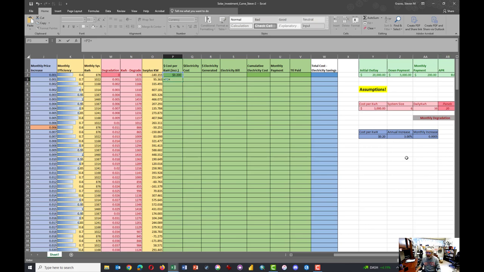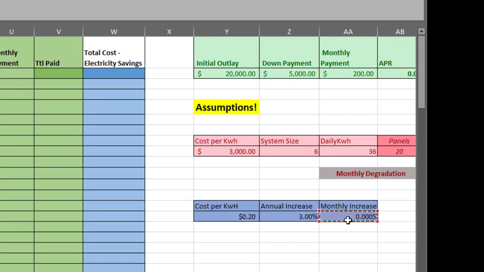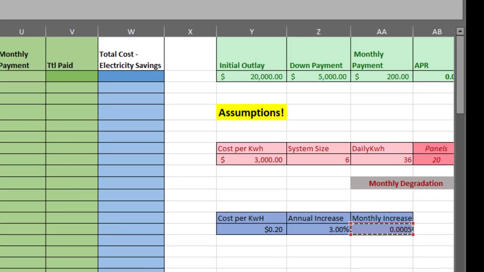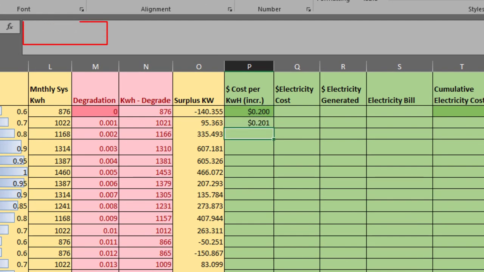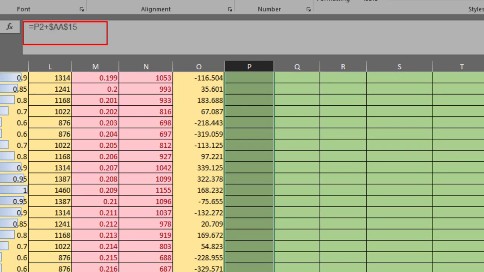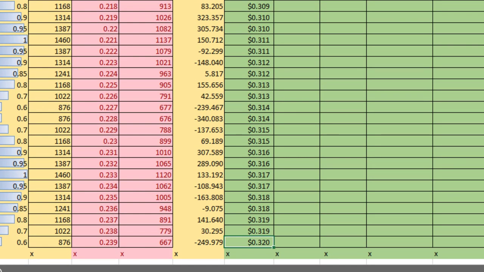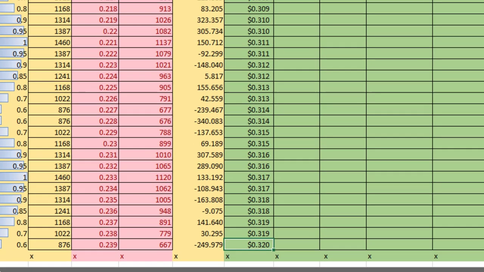And one estimate had that electricity costs were going up at about 3% a year. 3% divided by 12 on 20 cents is this figure here, 0.0005. And so fix that, freeze it, and you see that it goes up 1/10 of a penny. But if you copy all the way down through our 20 years, we can expect a kilowatt hour to cost 32 cents.